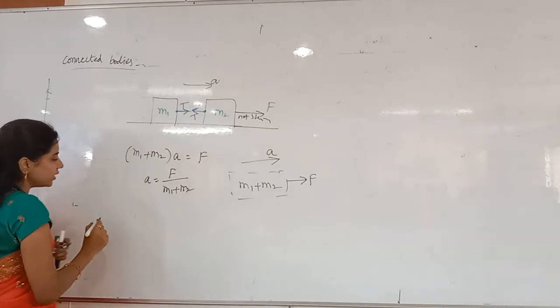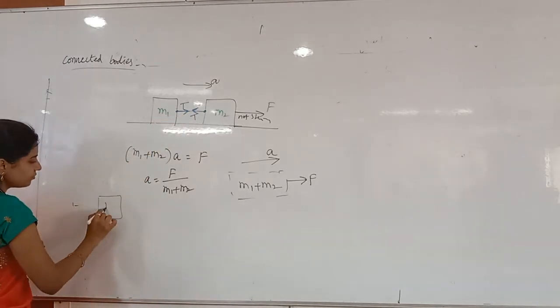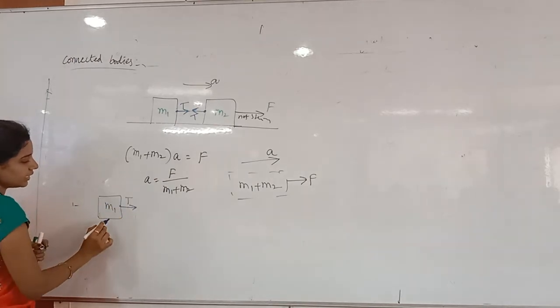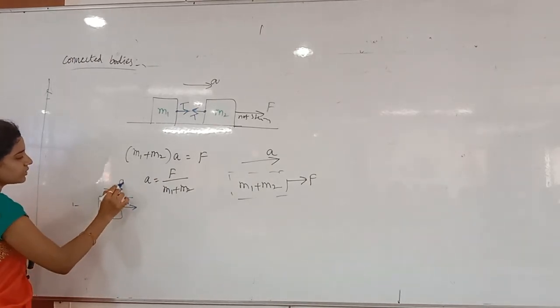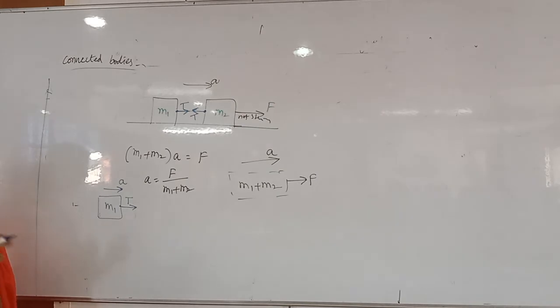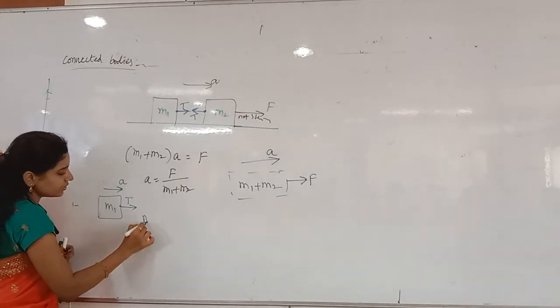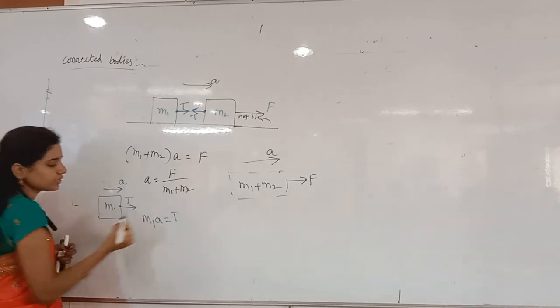If I take the free body diagram of m1, T is acting and acceleration a is acting. Now clearly I can write m1a = T. That's it.